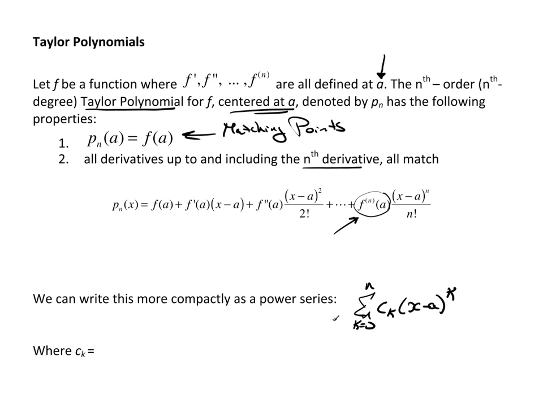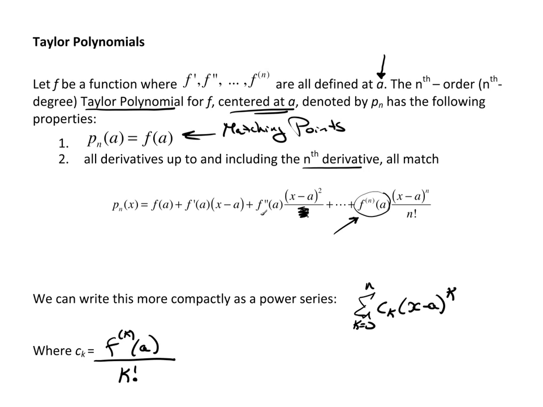Now, what's special here is c_k. Because c_k is really nothing more than the kth derivative of the function evaluated at a, divided by k factorial. And that's exactly what we have going on here. See, here's the second derivative.